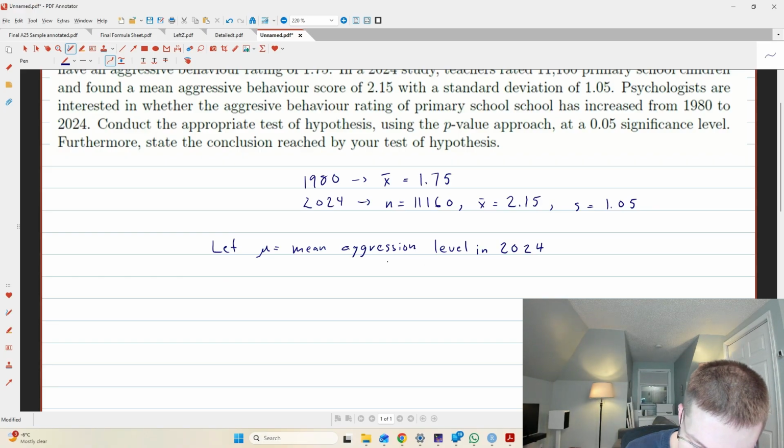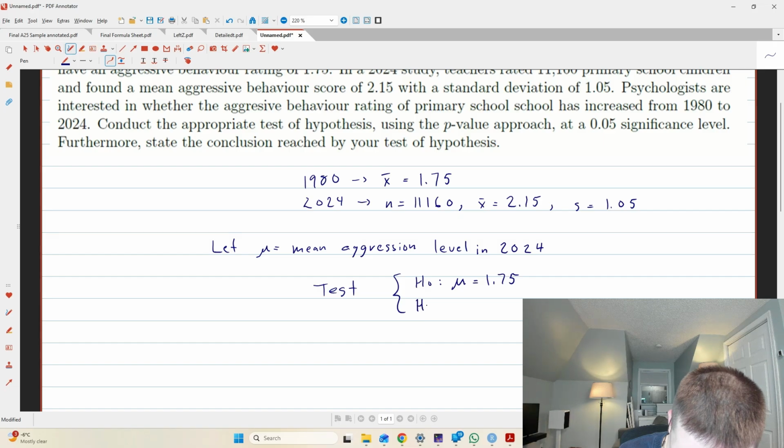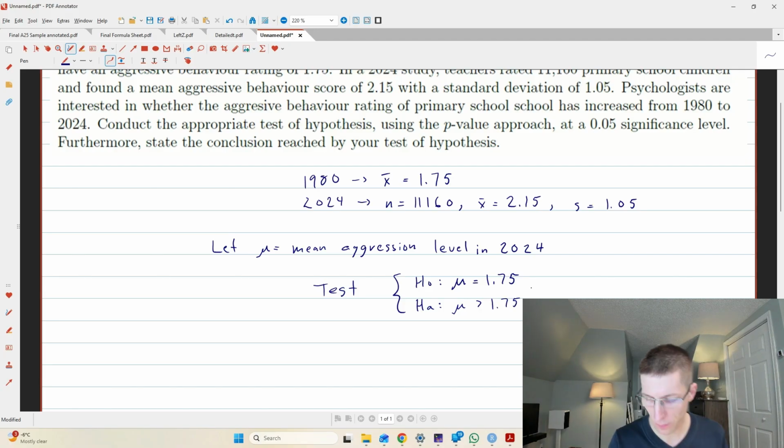So if we let mu just denote the true mean level of aggression in 2024, we can test. So status quo, until proven otherwise, we can just assume it's the same as it was in 1980. And we'll see if this study gives enough evidence to show that, in fact, it's bigger than what it was in 1980. That'll be our research hypothesis.